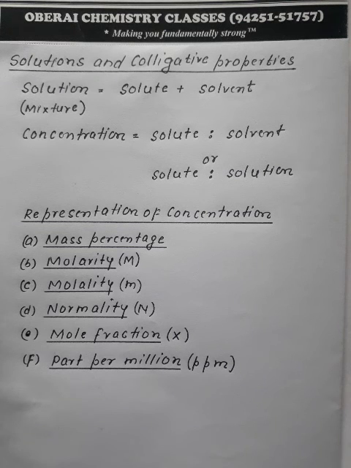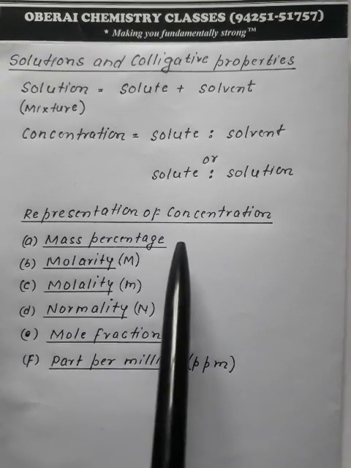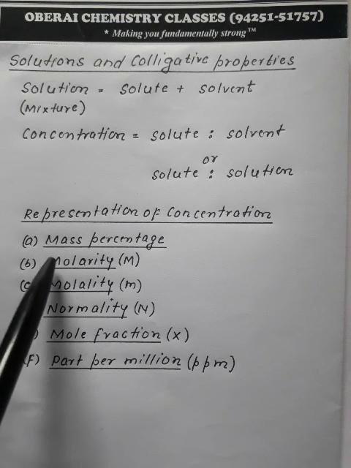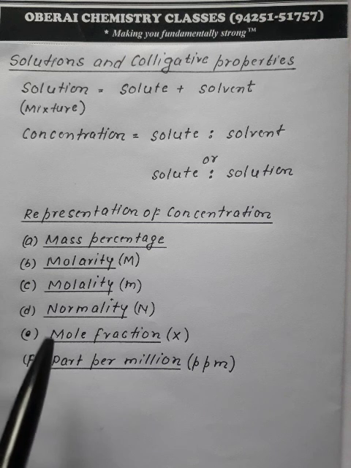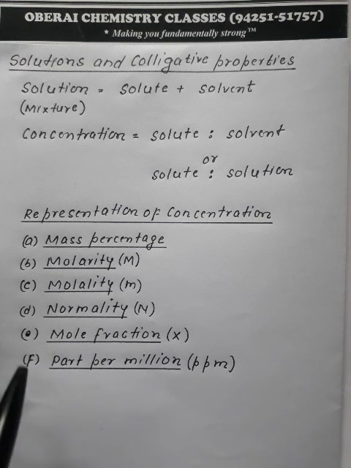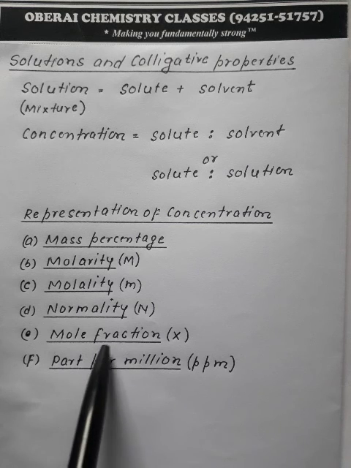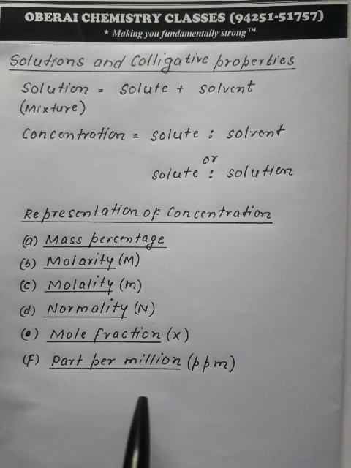Now how is concentration represented? Concentration is represented in various ways. These are: number 1, mass percentage; number 2, molarity; number 3, molality; number 4, normality; number 5, mole fraction; and the last one is parts per million, called ppm.